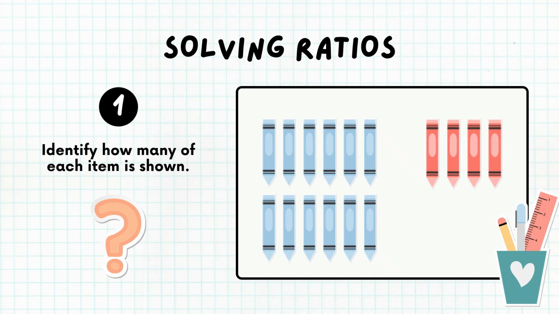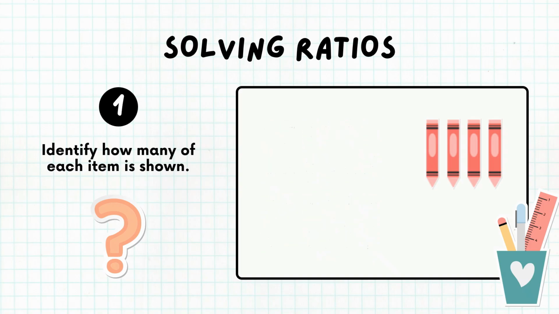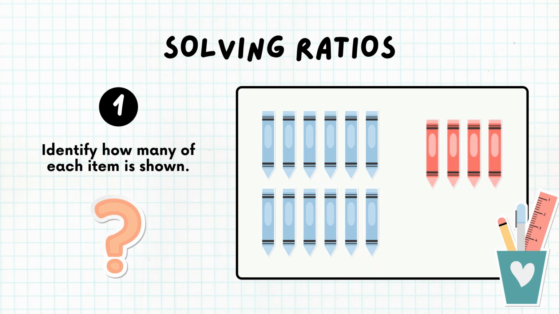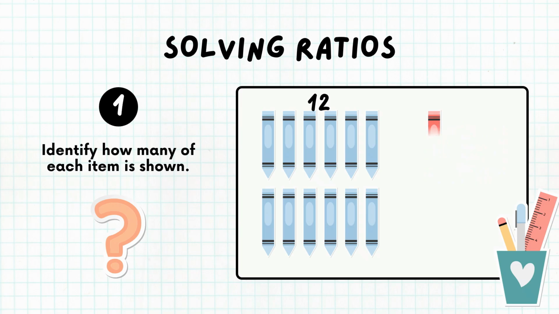Okay, let's count how many blue crayons. So 1, 2, 3, 4, 5, 6, 7, 8, 9, 10, 11, 12. So there are 12 blue crayons. How about the red crayons? So let's count. 1, 2, 3, 4. So there are 4 red crayons.